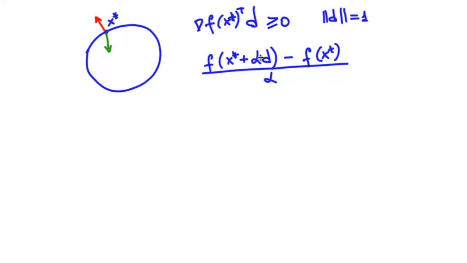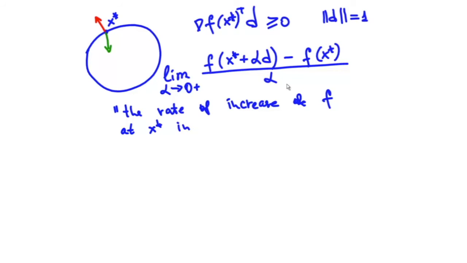If I want to get the rate of increase of f at the point x star, I need to take the limit for alpha tending to 0 from the positive side, and then this will give me what we call the rate of increase of f at x star in the direction d. This is also called the directional derivative of f in the direction d.